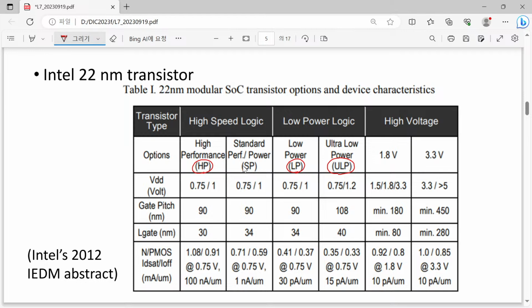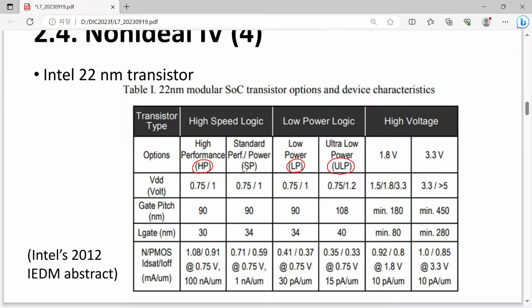Nowadays you find that there are more and more options because improving device technology is getting more and more difficult. So instead of improving the device technology itself, technology people provide some more options to the designers. Although we cannot improve drastically, I will give you many options. Please use one of them to optimize your system.